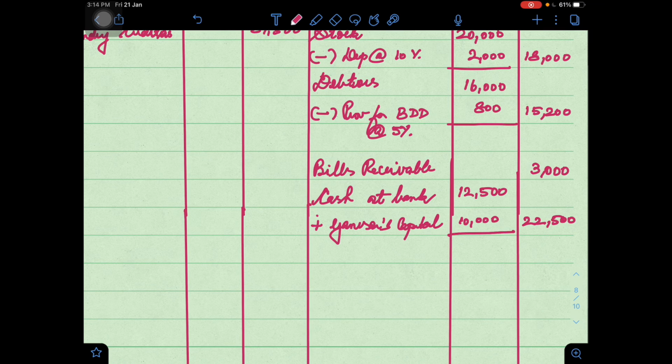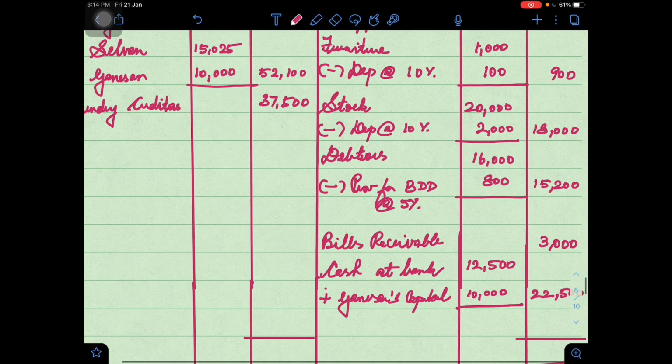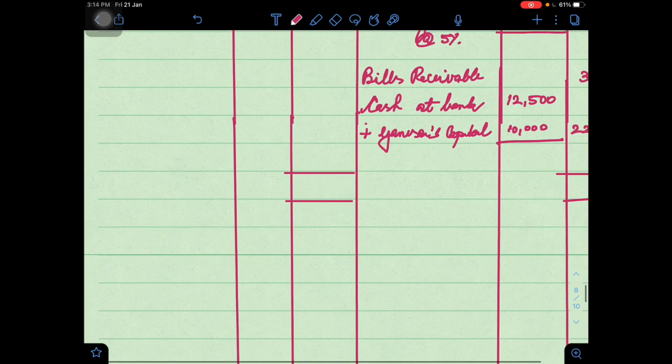Now it's time to total up the balance sheet. First total up the liabilities, and then we move to the assets. Liabilities you have only two items. So 89,600.